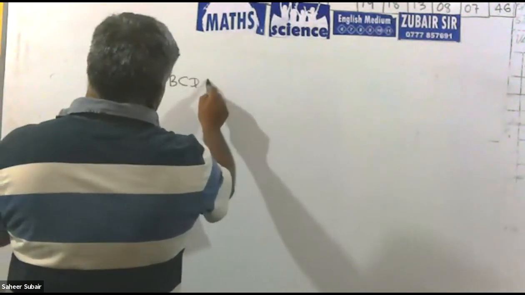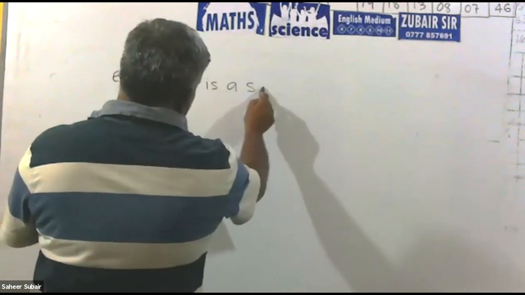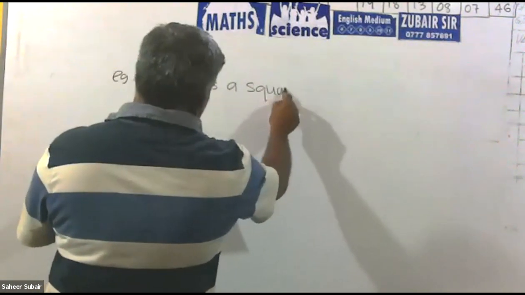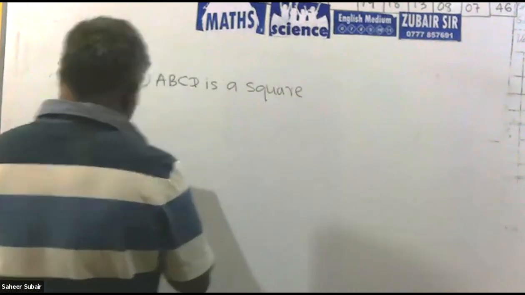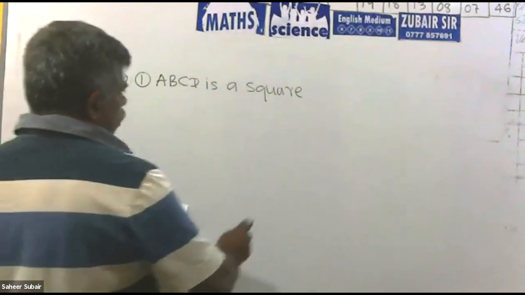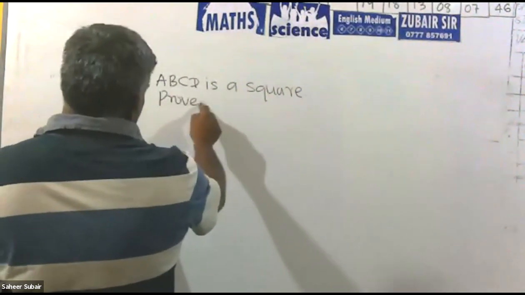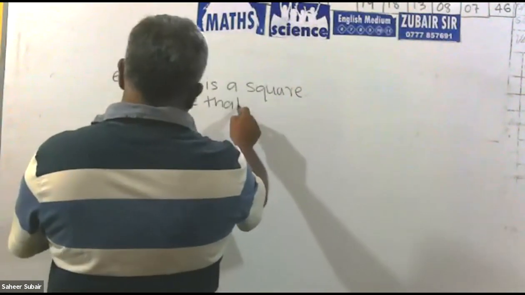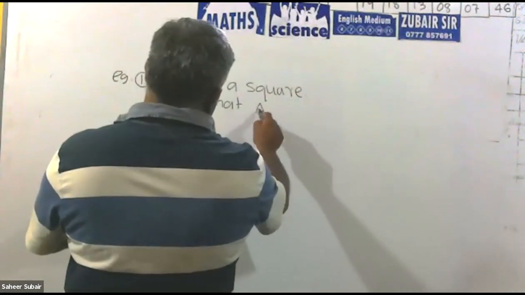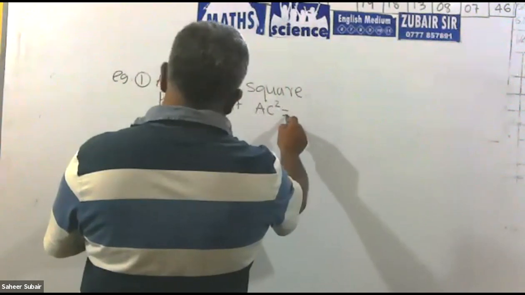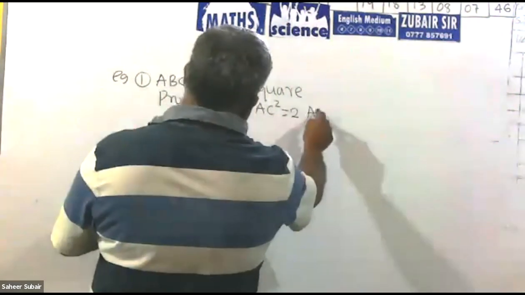ABCD is a square. Prove that AC squared is equal to 2AB squared.